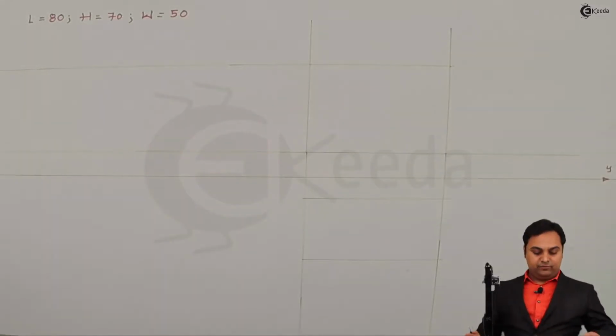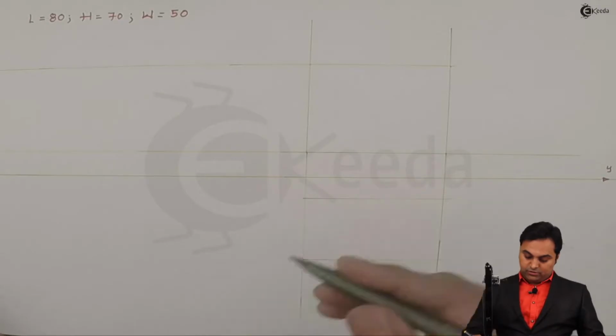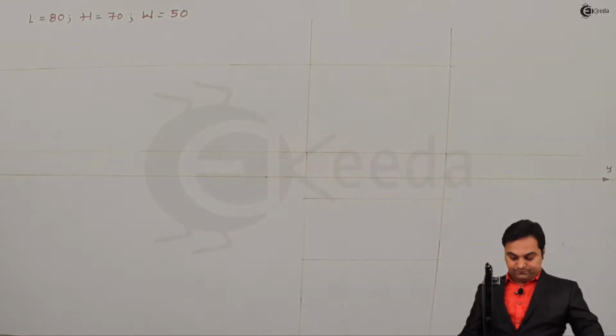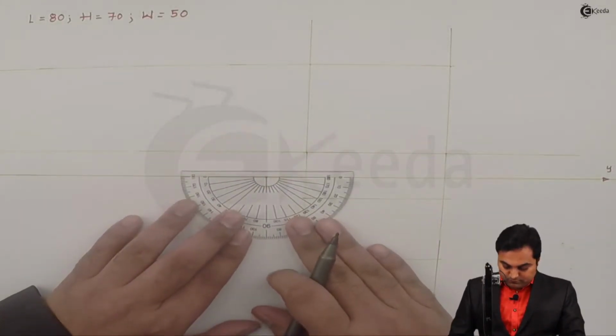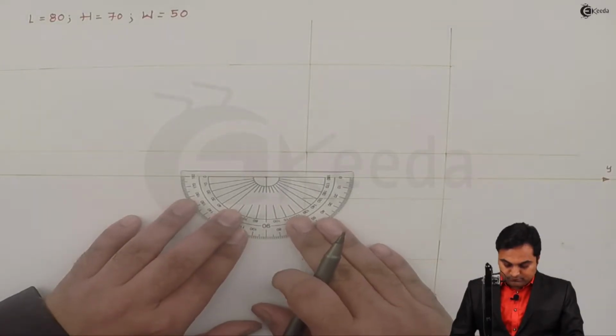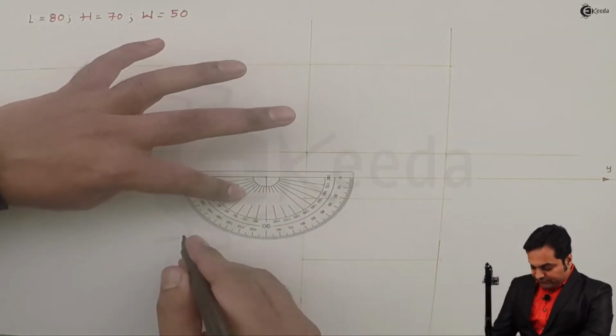So height I have projected from the front view. Next, for the width, here I am measuring 45 degree.